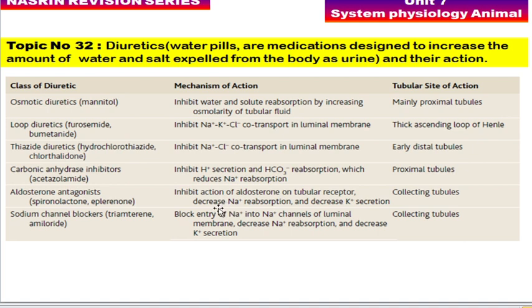So ultimately it decreases sodium reabsorption, and potassium secretion will also be decreased. Next, the mechanism of sodium channel blockers is that they block the entry of sodium into the sodium channel present on the luminal side of the kidney. Just like aldosterone antagonists, the sodium channel blocker also decreases the reabsorption of sodium and decreases potassium secretion.